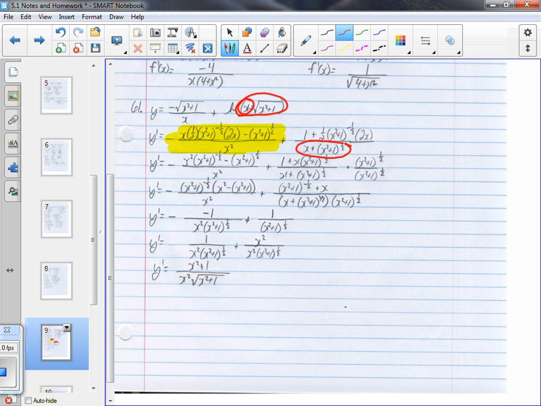Well, the derivative of x is 1. The derivative of the square root of x squared plus 1. Well, hey, didn't we do that already? Like over here? So it's the same thing again, using the chain rule. So exponent in front, u, subtract 1 from the exponent, times the derivative of u.